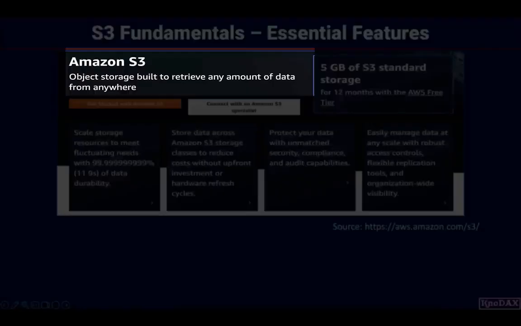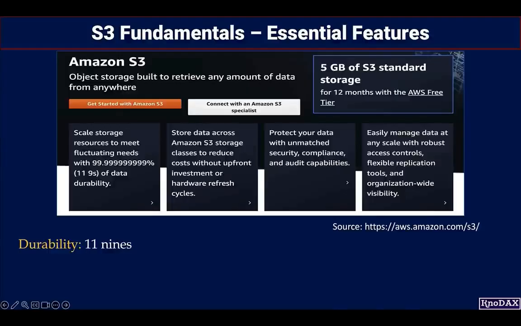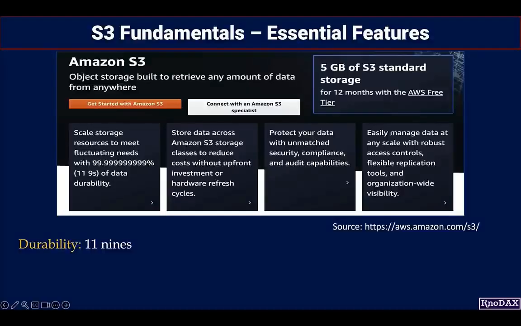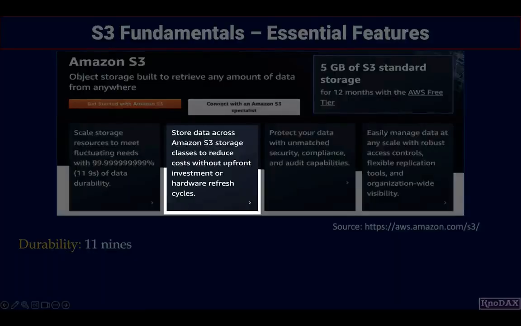The first noticeable point about S3 is that it is an object storage service. It can be used to retrieve any amount of data from anywhere. It is highly durable. S3 storage is designed for 11 nines of durability over a given year, across multiple availability zones. That means if you have 100 billion objects, you risk losing only one of them per year. It stores data across different storage classes to reduce costs.